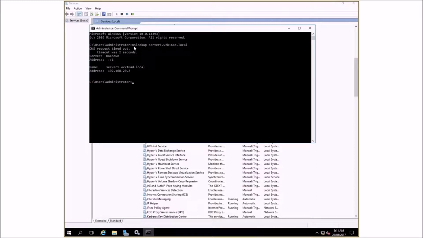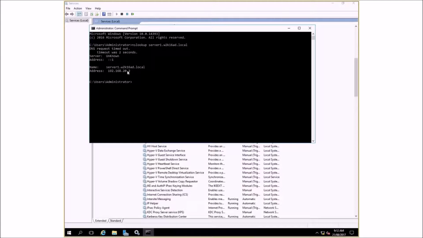So the nslookup stands for name server lookup, and I'm looking up this specific fully qualified domain name, which is server1 in the domain w2k16ad.local.